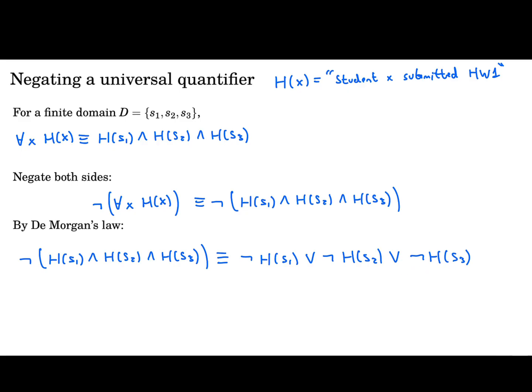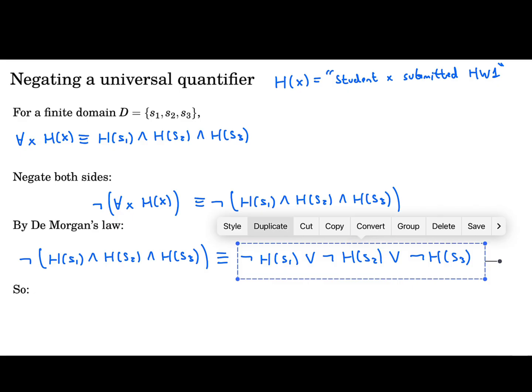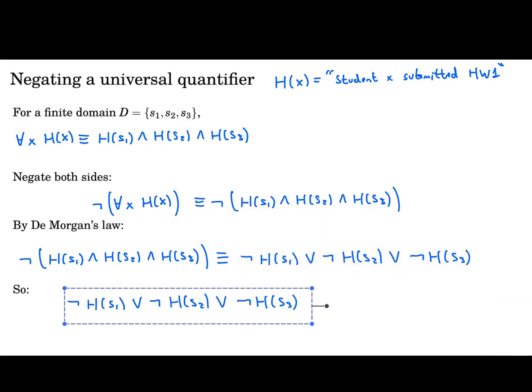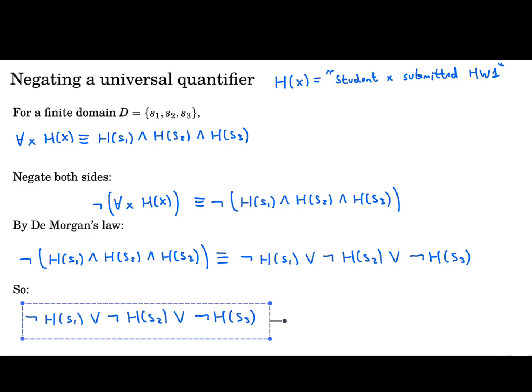But we also saw that this collection of ORs over the domain is just going to be an existential quantifier. So this would just be equivalent to there exists an x such that not h of x, right?